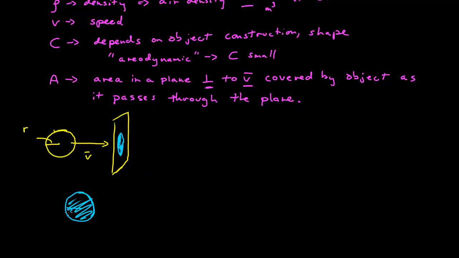That circle is going to have a radius r, and so the cross-sectional area for this object is pi r squared.